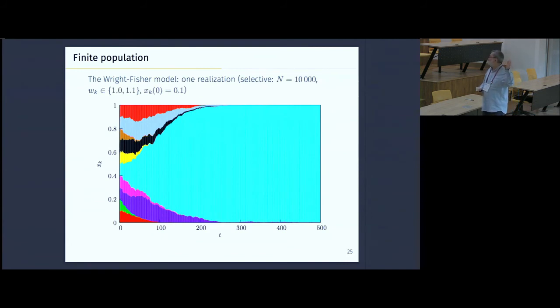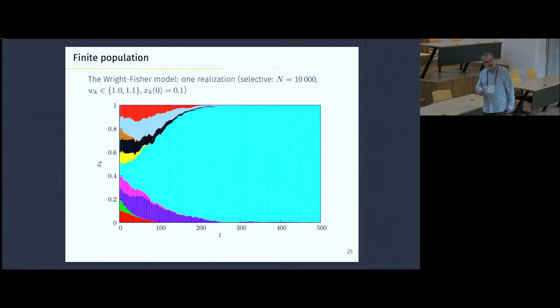So what happens here? Well, this is a Wright-Fisher model with selection. You see that there is a more or less exponential increase. Well, there is a sort of initial wobble, but there is an exponential increase of the frequency of one type, and pretty soon it reaches fixation.